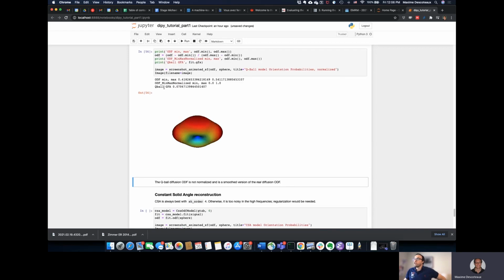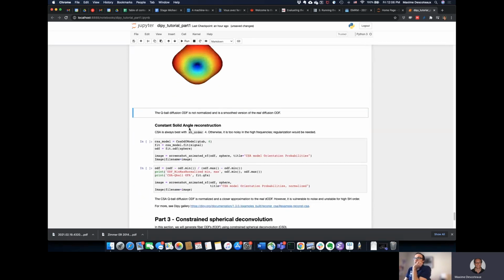And in this case, the GFA is quite low, not even 0.1. So it has also the same limitations as FA, where in crossing fibers, the anisotropy, even though it's a generalized anisotropy, is closer to 0 than something that is anisotropic, because it has 2 modes of anisotropy.